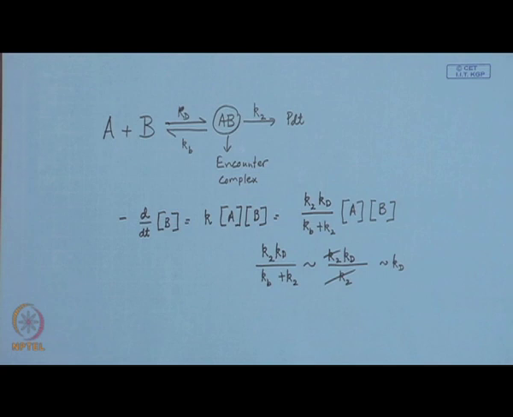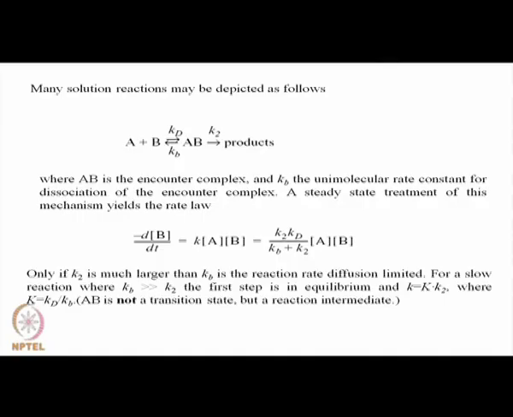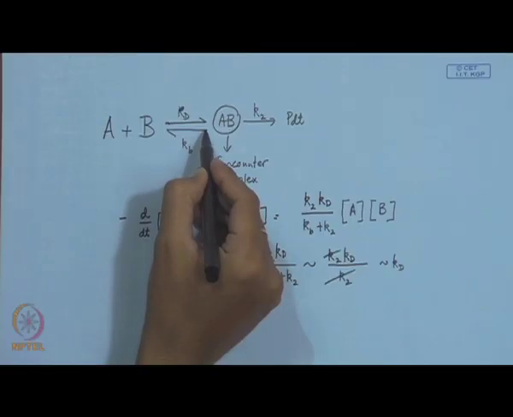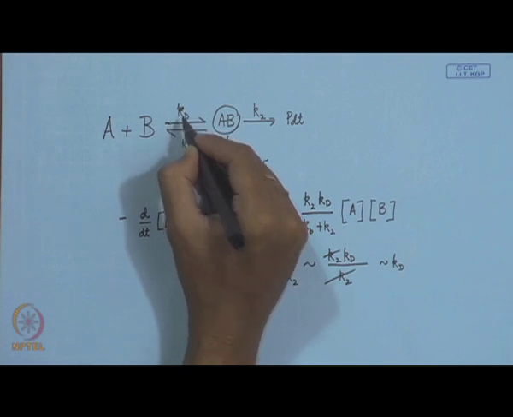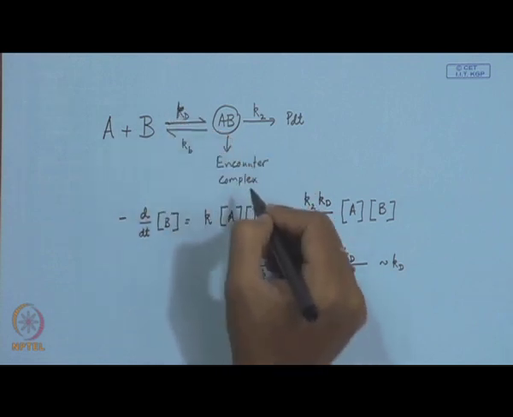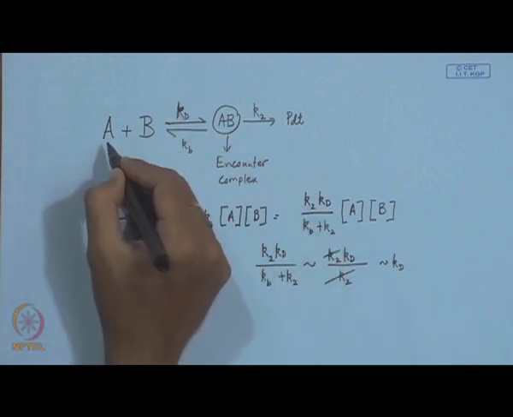The reaction rate is said to be diffusion limited. For a slow reaction where Kb is very much greater than K2, why? Because this back reaction is high, that is the unimolecular decomposition of your encounter complex to give rise to A and B.